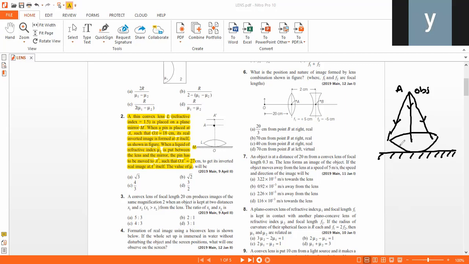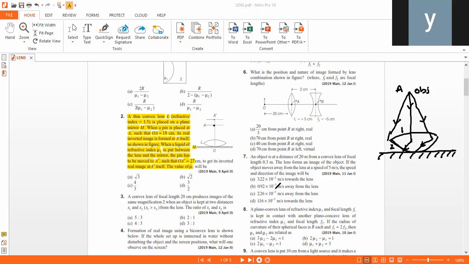After the optical center, there will be deviation, like this. This is surface 1 and this is surface 2. From the first surface we have refraction, and from the second surface there will be reflection.